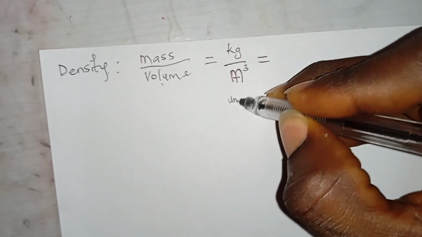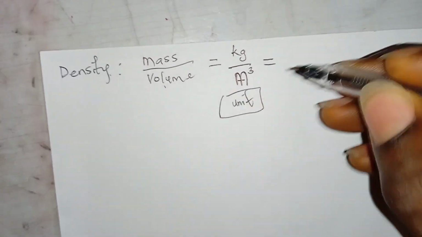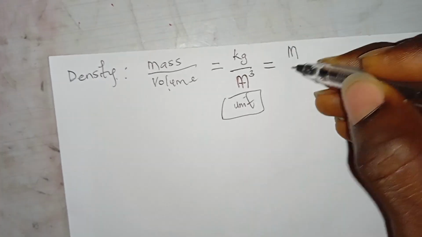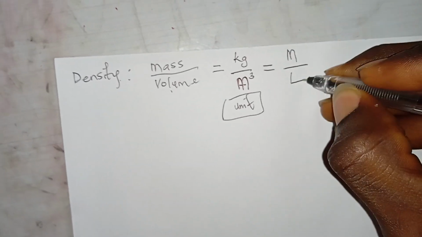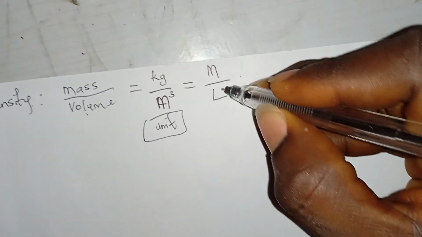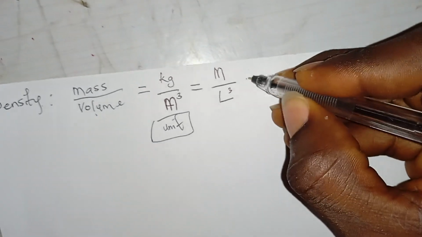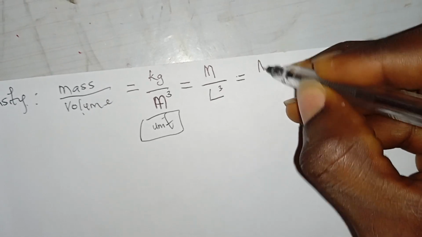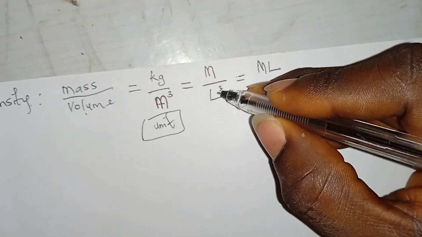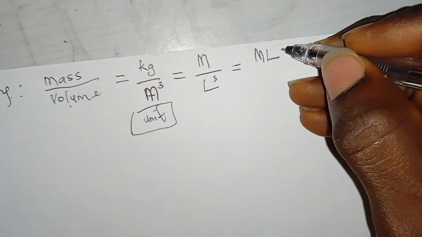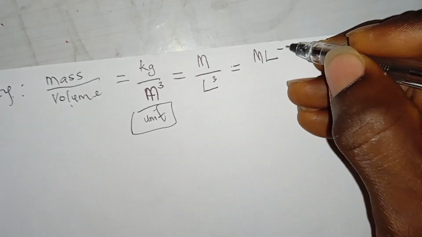So these are the units. Now kg is mass, m^3 is length. So this is the same thing as saying that the dimension of density is M over L^3. Since this is raised to power 3 and is positive, if it's coming up to the numerator, it will change to minus.